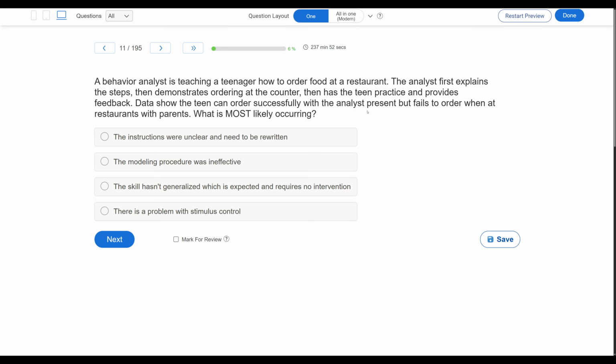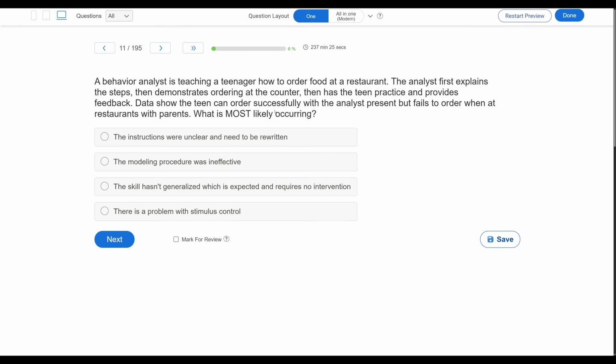Now, in many of the questions in this task list section, you're going to be doing things like evaluating the intervention, understanding what's wrong, maybe what's right, and what's occurring in different situations based on what we're trying to achieve. So in this case, you have an analyst teaching a teenager to order food. The analyst goes through the steps, demonstrates, gives feedback, seems like a good teaching procedure.